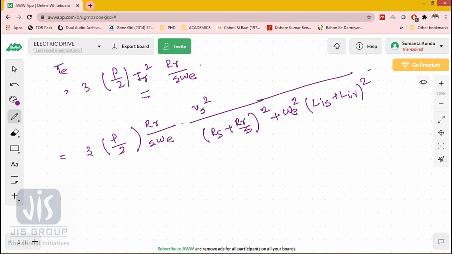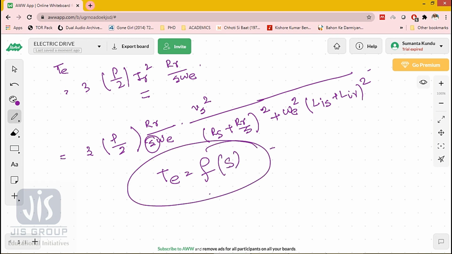If we look here, the S term is here, so we can say that induction motor torque is basically a function of slip. This torque T can be calculated from the equation which we have deduced, and we see the torque is a function of slip.